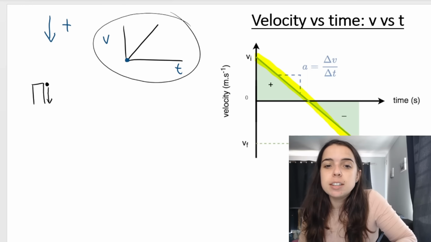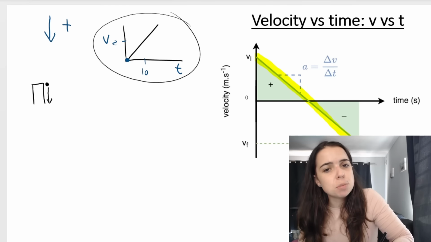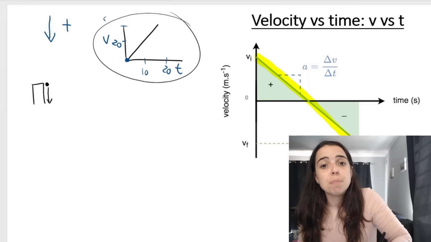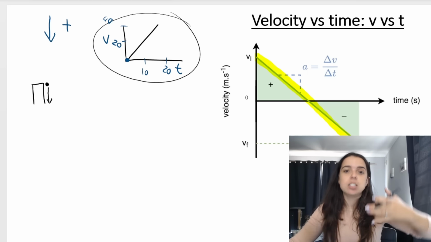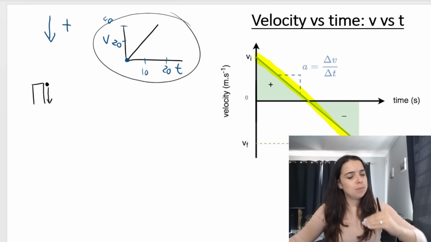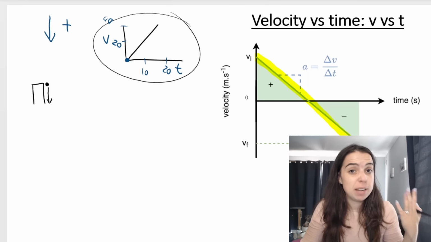So initially the velocity is 0, then after 10 seconds, the velocity might be 20 meters per second. After 20 seconds, the velocity might be 40 meters per second, but the velocity increases as the object falls down. And if down is positive, then the velocity just keeps getting bigger and bigger in the positive direction. I hope that makes sense.